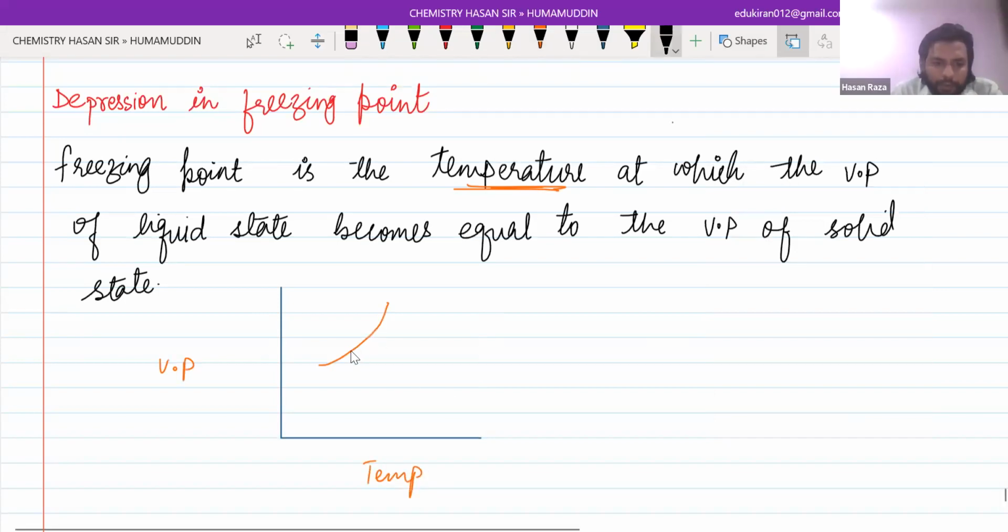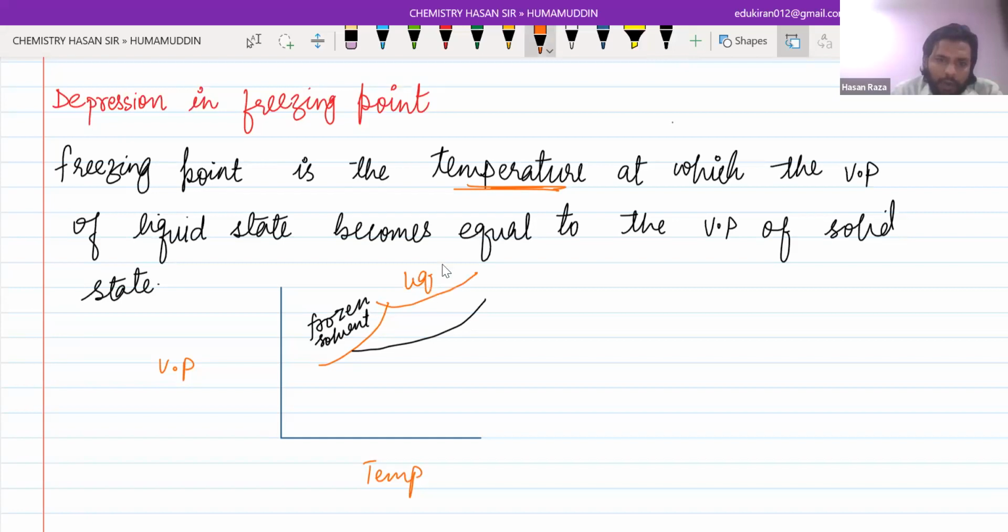Another graph I'm going to show you like this. This is for the solution, and this is for the frozen solvent. And this one is the liquid solvent.